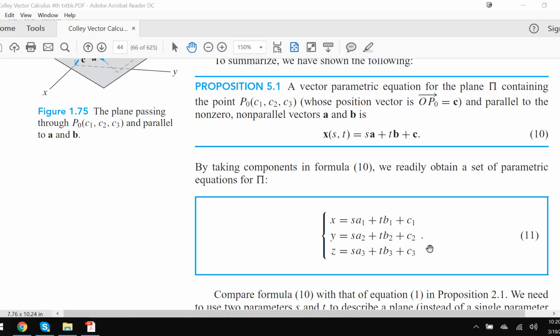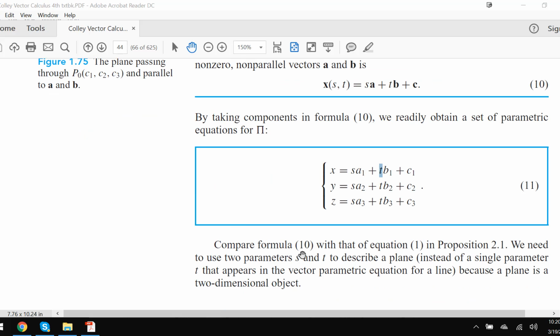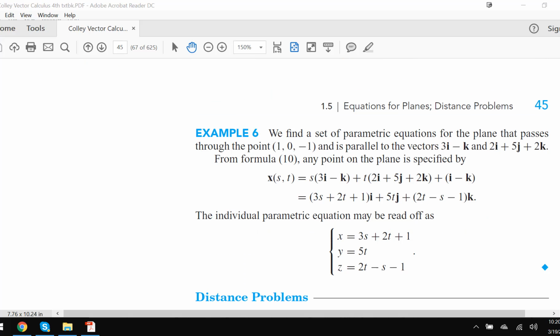And these are the parametric equations with two parameters, S and T, for a plane. They say compare formula 10 with that of equation 1 in proposition 2.1. We need to use two parameters, S and T, to describe a plane instead of a single parameter, T, that appears in the vector parametric equation for a line, because a plane is a two-dimensional object.